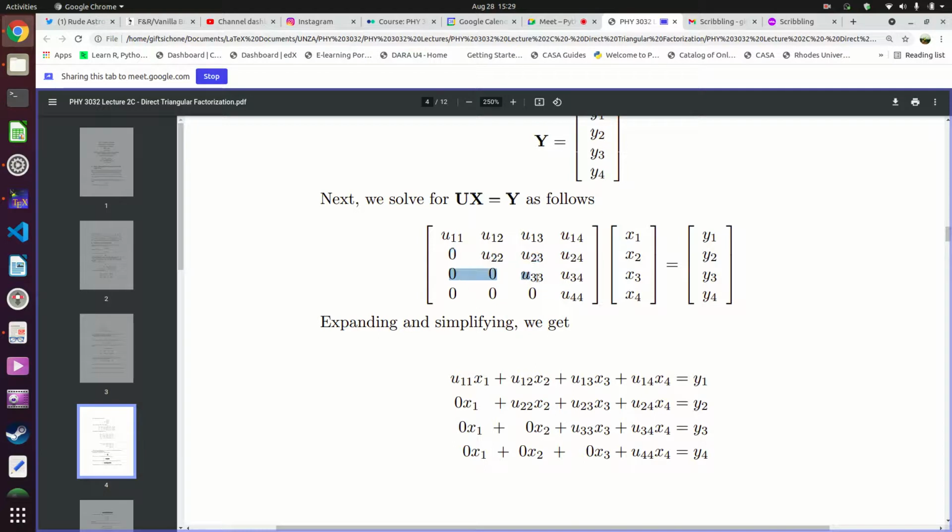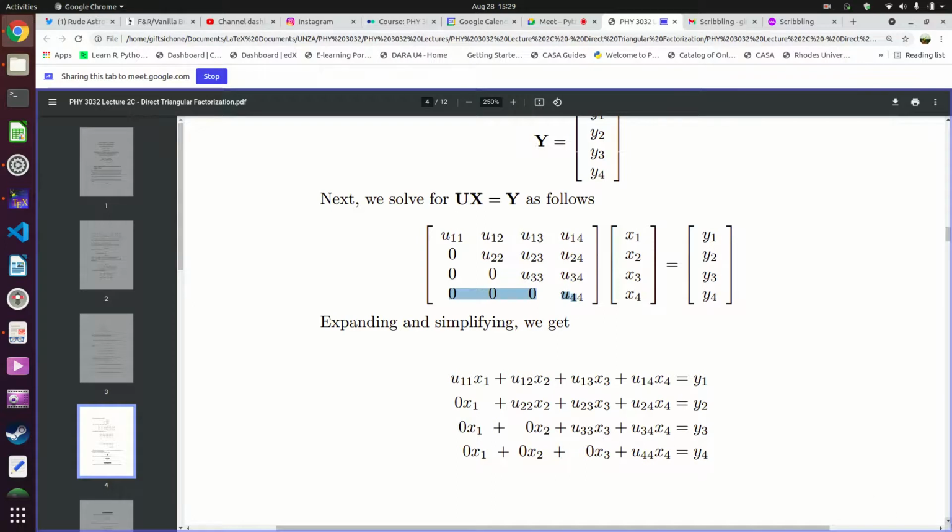Then this row multiplied by the column, you're going to end up with 0x1 plus 0x2 plus u33 x3 plus u34 x4 equals y3. Then the last row multiplied by this column, you're going to end up with 0x1 plus 0x2 plus 0x3 plus u44 x4 equals y4.